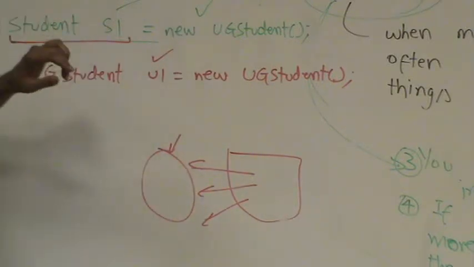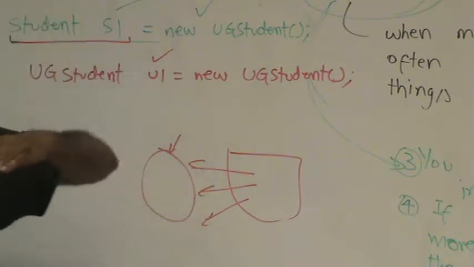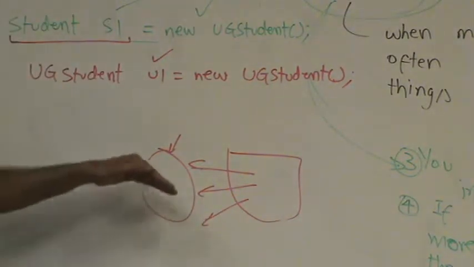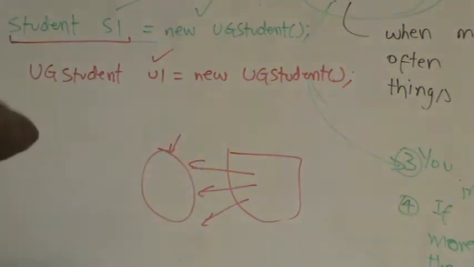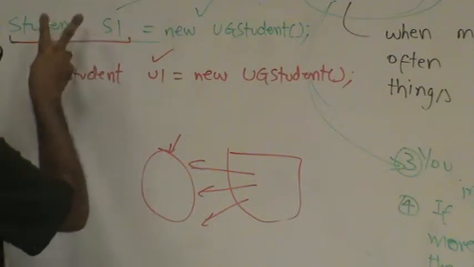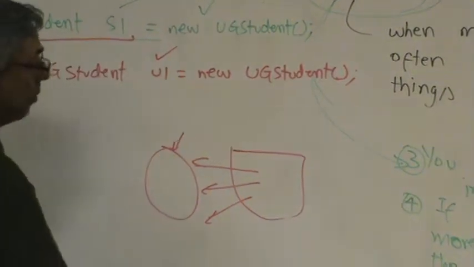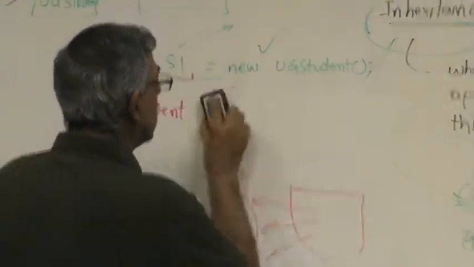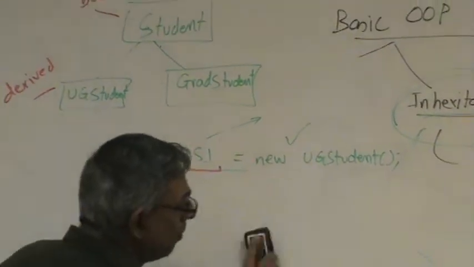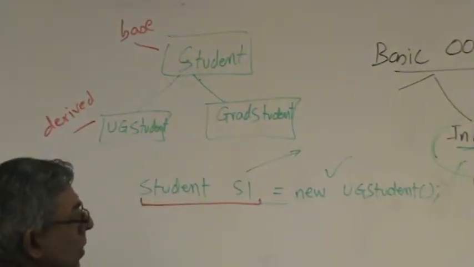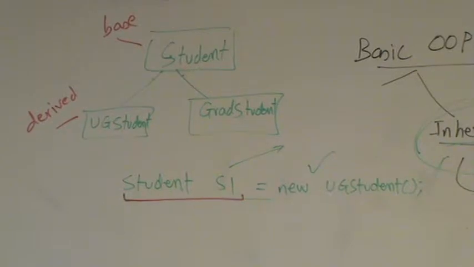So if we have this capability that a base class can point to any object, it will make creating such an application a lot easier as we go along. So in short, we do need this capability, even though the second one is perfectly okay.